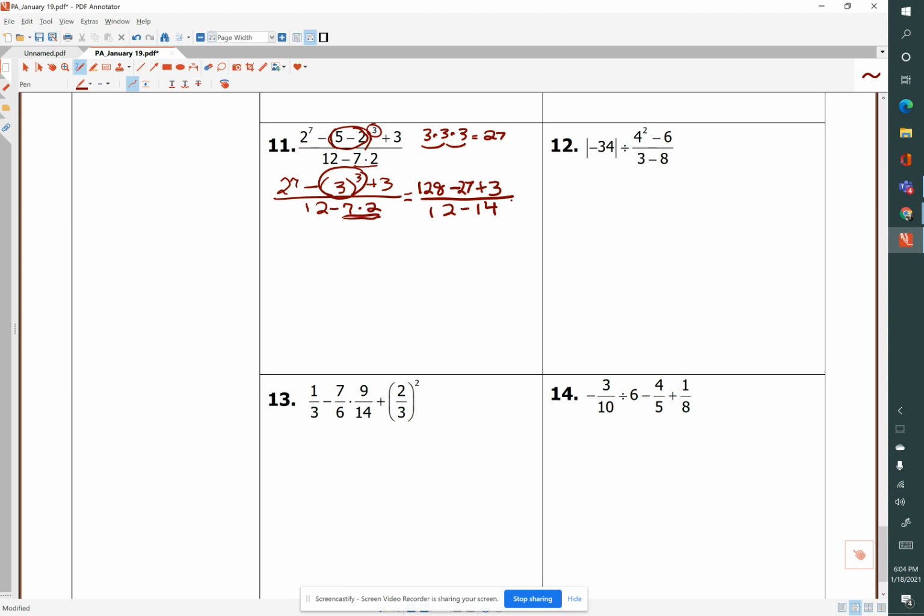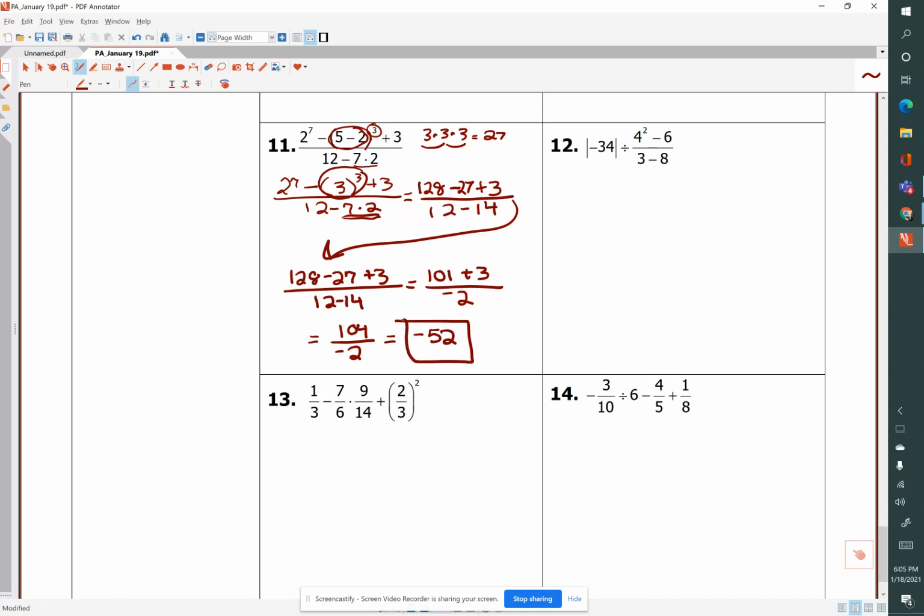Okay, now I'm going to rewrite this down here. 128 minus 27 plus 3 divided by 12 minus 14. 128 minus 27 is 101, plus 3 over 12 minus 14, which is negative 2. 101 plus 3 is 104, divided by negative 2, and 104 divided by negative 2 is negative 52.